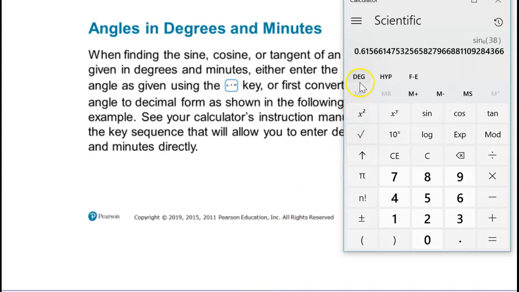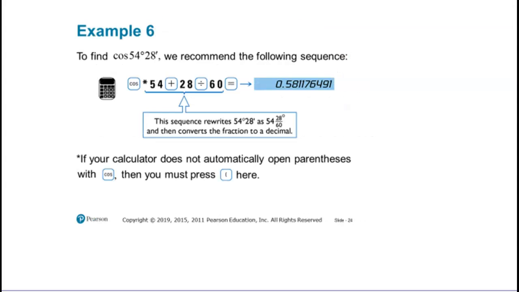Make sure that it's in degrees here. The other choices are radians and grade, in case you're doing roads. We just want degrees, so make sure your calculator is set up in degrees when you're calculating using minutes and seconds, and we're just going to be doing minutes.